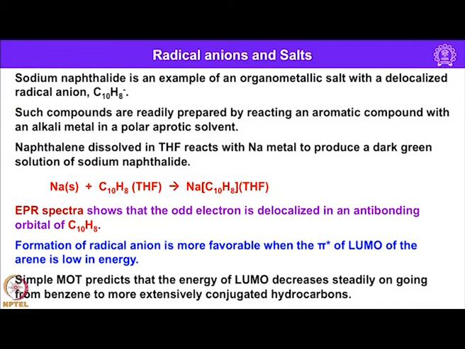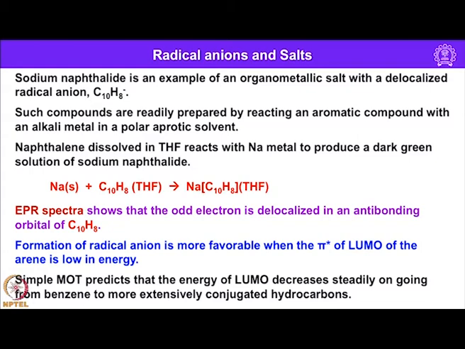You can see here sodium solid, when added to naphthalene in THF, forms this sodium naphthalide, which dissolves in solution and is green in color. The EPR spectrum shows that the odd electron is delocalized in an antibonding orbital of C10H8.